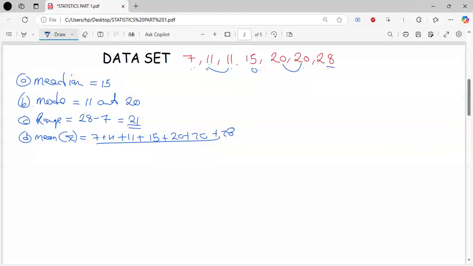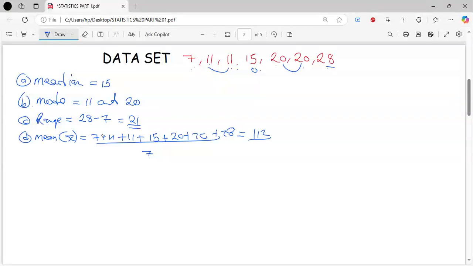How many are they? 1, 2, 3, 4, 5, 6, 7. So they are 7. Once you add those, the total will be 112.